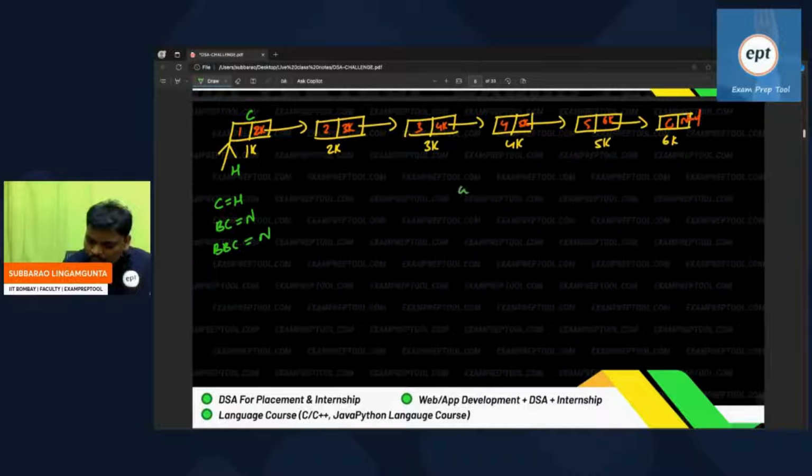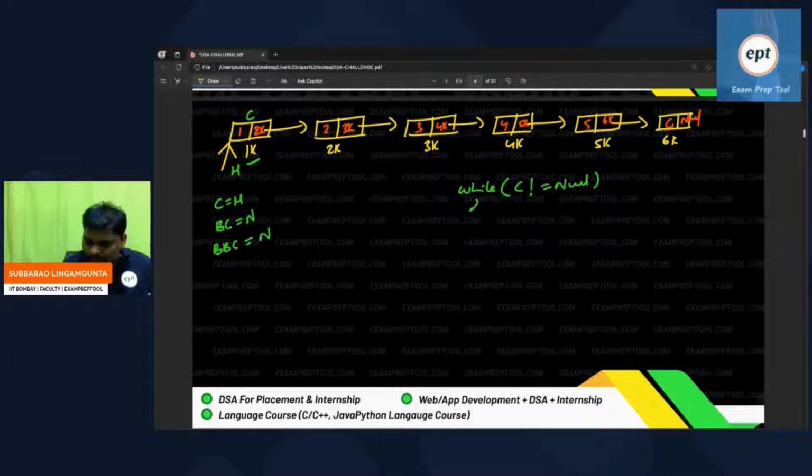While current not equal to null, I'm asking the current node, wherever you are, node is there or not. If I say print current, it will print 1000. I gave the shortcut C. If you want, you can write current node. C not equal to null means node is there.